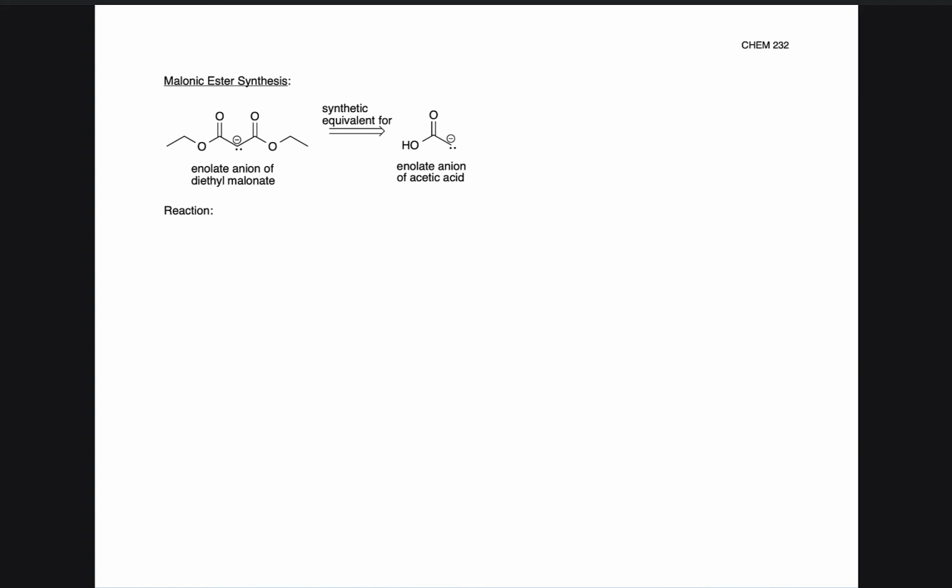So another example of this is the malonic ester synthesis. So very similar, right? This malonic ester, or this diethyl malonate, is the synthetic equivalent for acetic acid, right? And it's important, especially this acetic acid bit, because you can see it here.